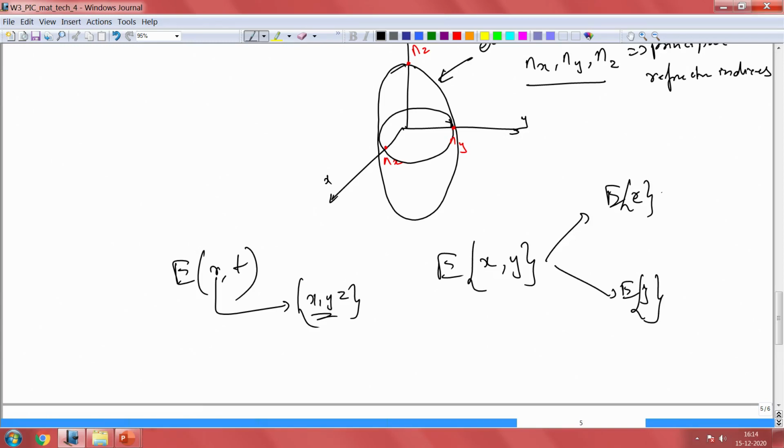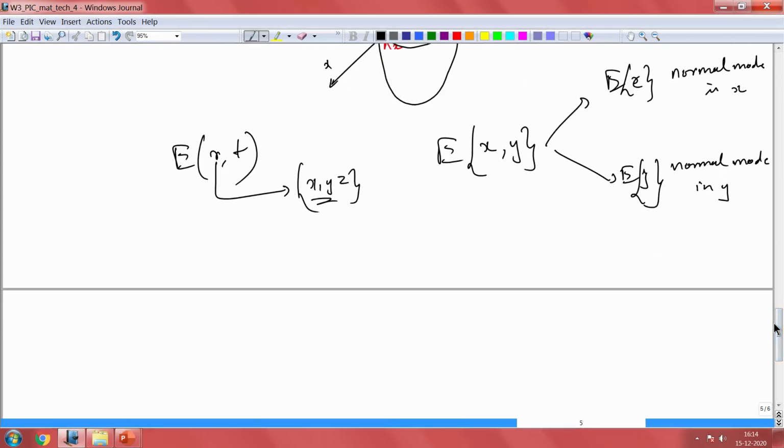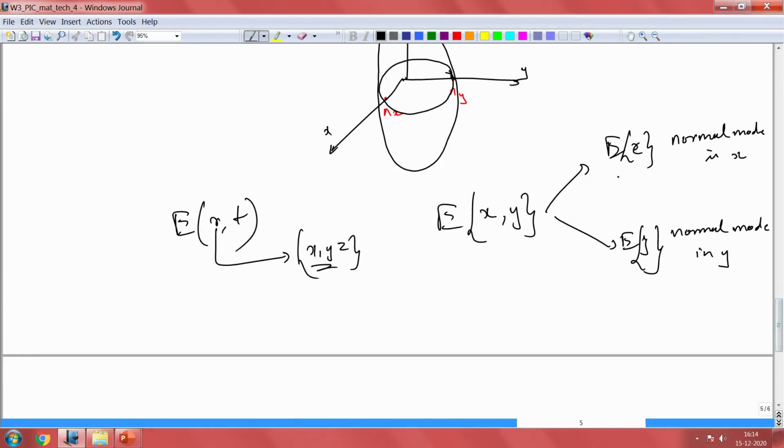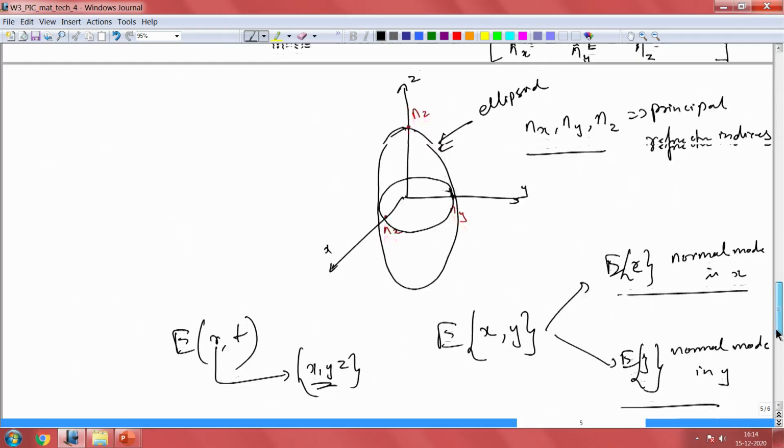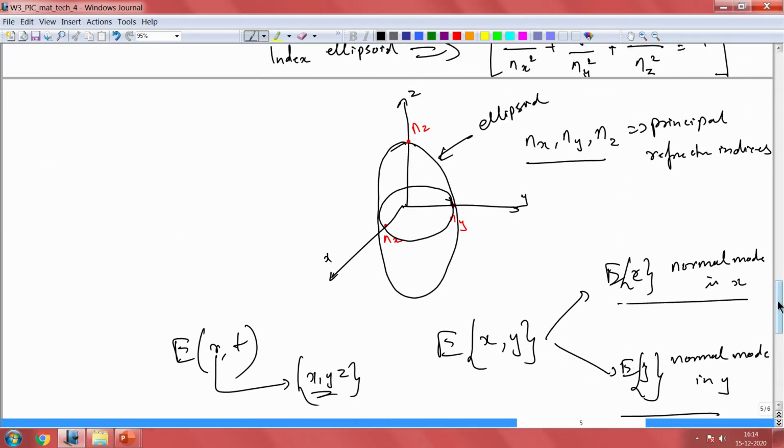These fields, Ex and Ey, are called normal modes. The vibration only in x is called the normal mode in x, and this is the normal mode or field in y. You can take any wave for that matter and decompose it and write it in terms of normal modes. The normal modes are nothing but having their field along the principal axes.